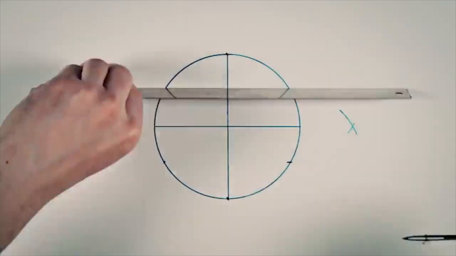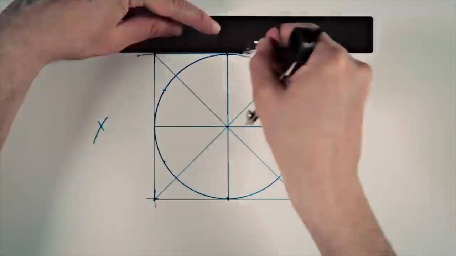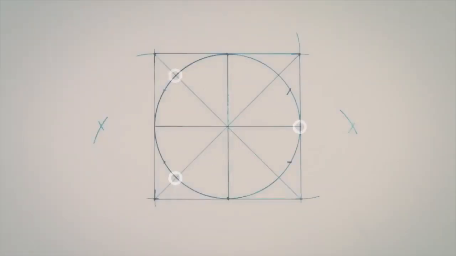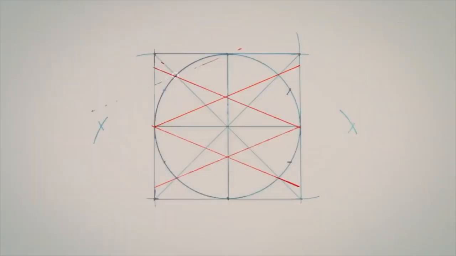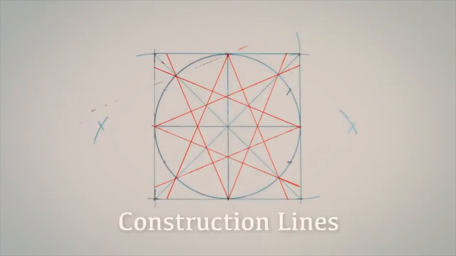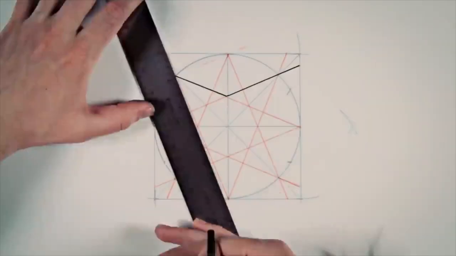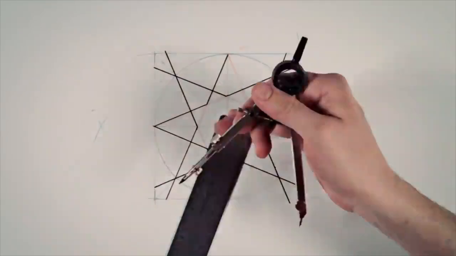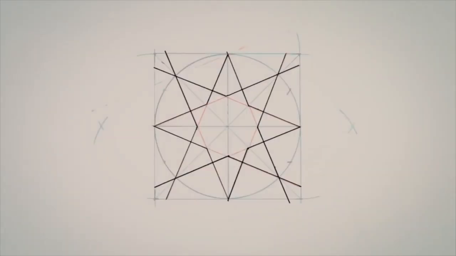Let's look at an example of how these elements come together. We'll start with a circle within a square and divide it into 8 equal parts. We can then draw a pair of crisscrossing lines and overlay them with another 2. These lines are called construction lines, and by choosing a set of their segments, we'll form the basis of our repeating pattern.